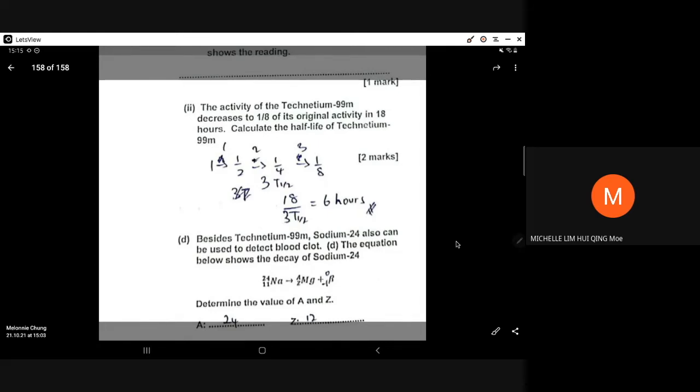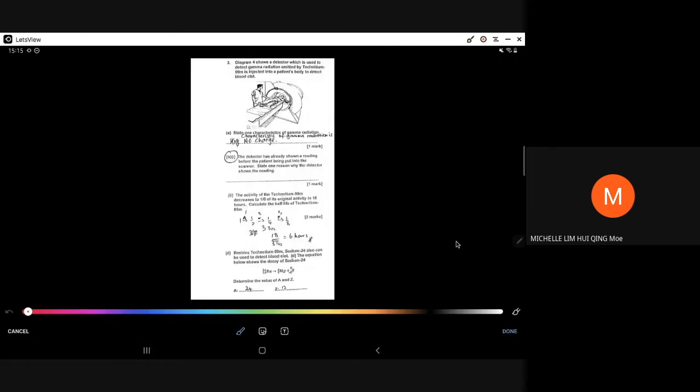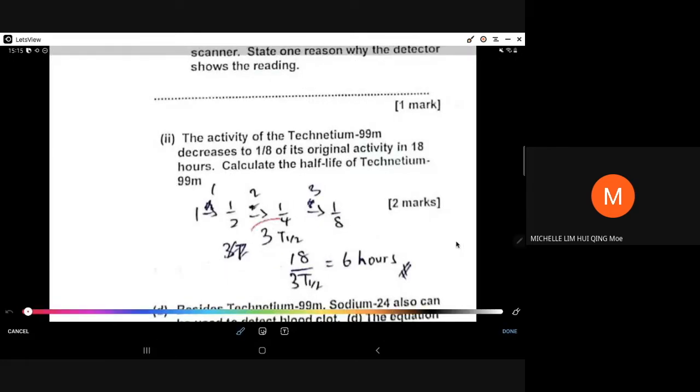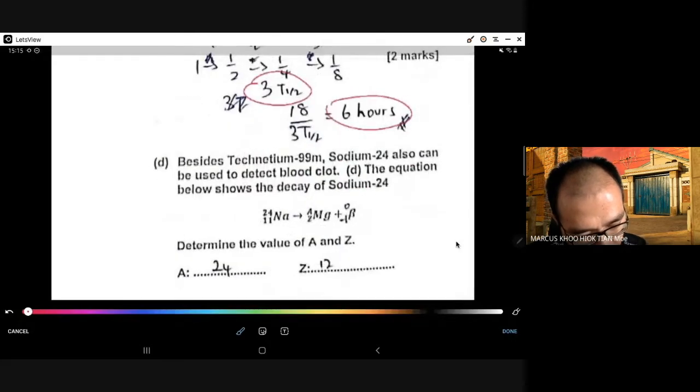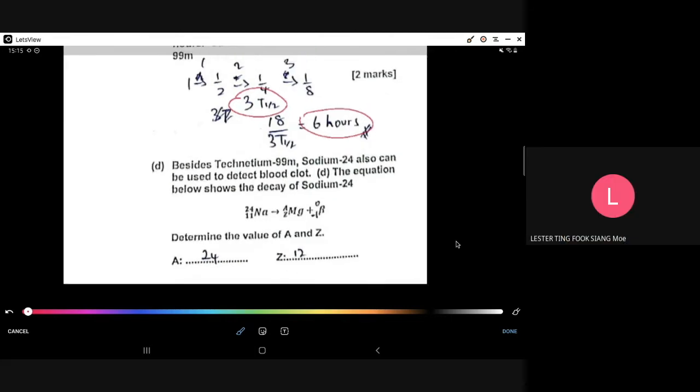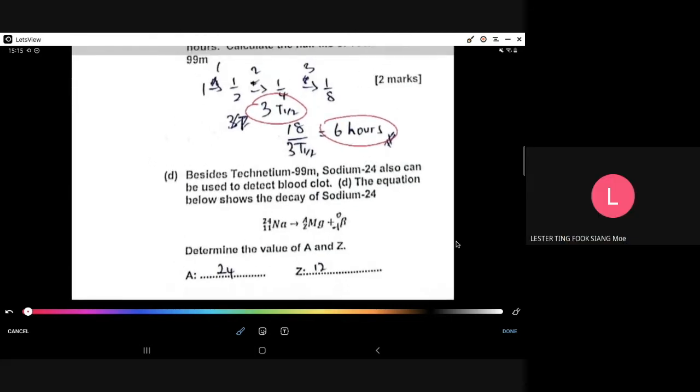So in order to find the half-life, we divide 18 by 3, which equals to 6 hours. Okay. All right. Carry on. And for question D, it is a beta decay, so the nucleon number does not change. So A is 24, while Z is 12 because there's an electron.